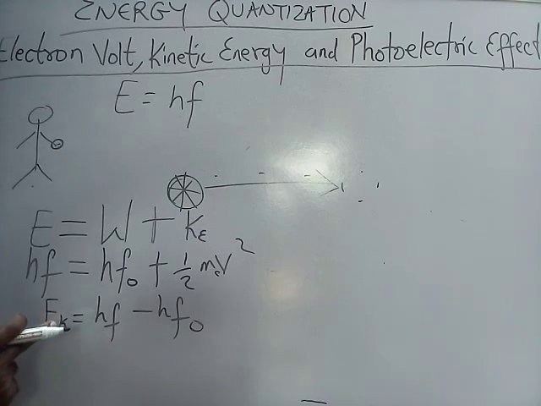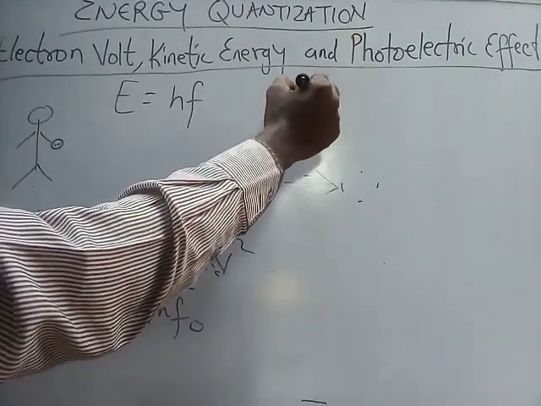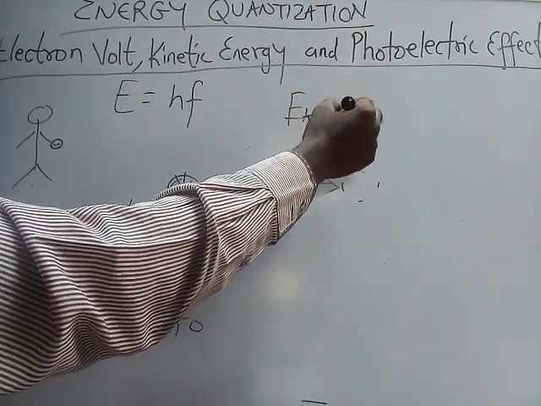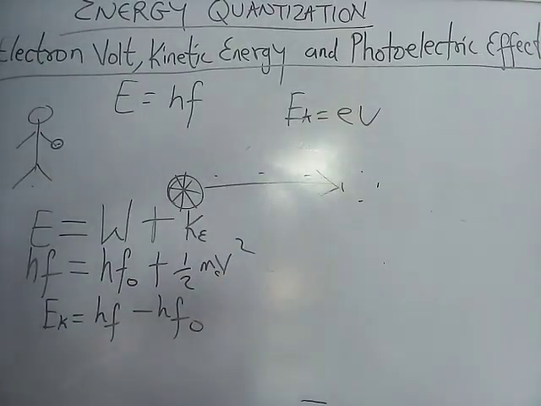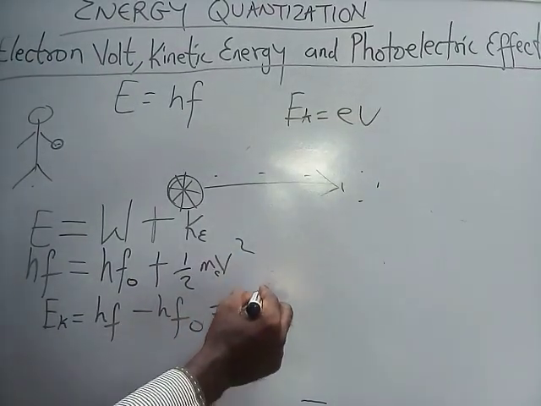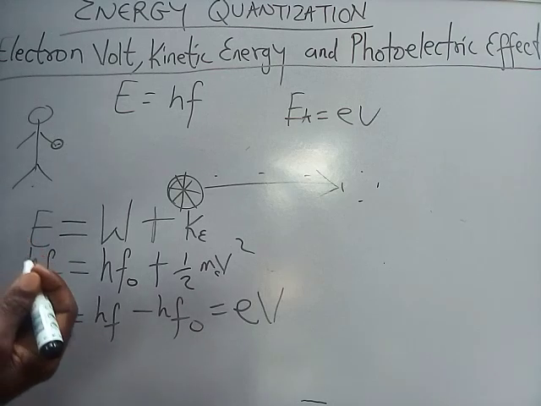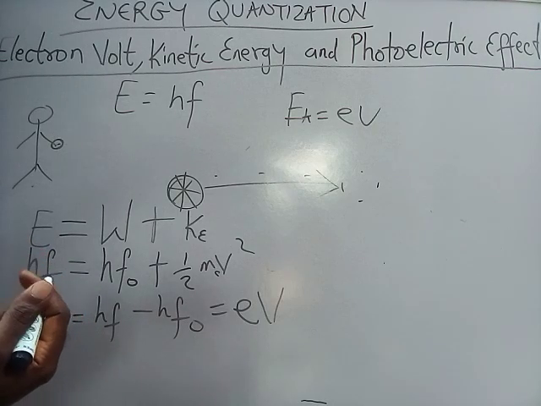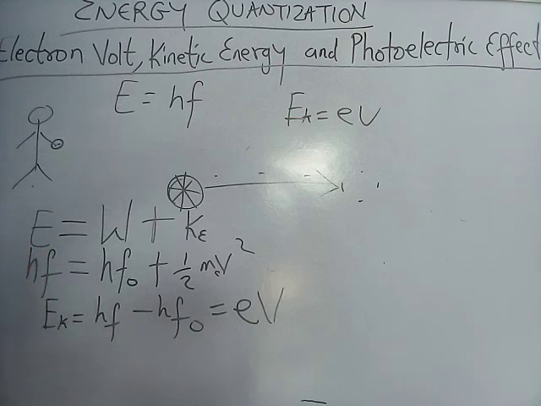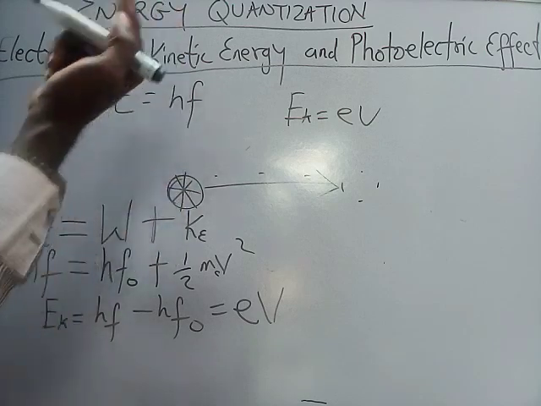Kinetic energy, I've told you, is the same as electron volts. So when light or heat hits a metallic surface, the energy of that light is able to knock out an electron.